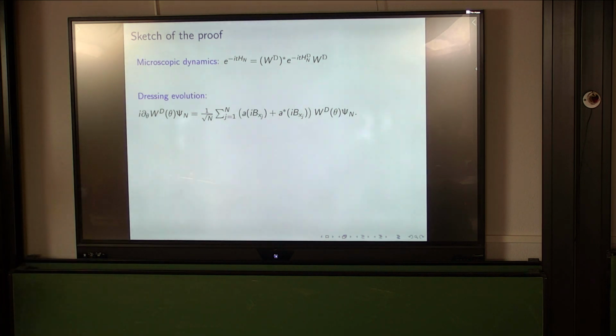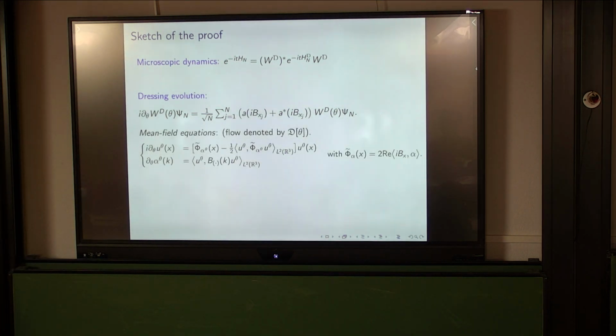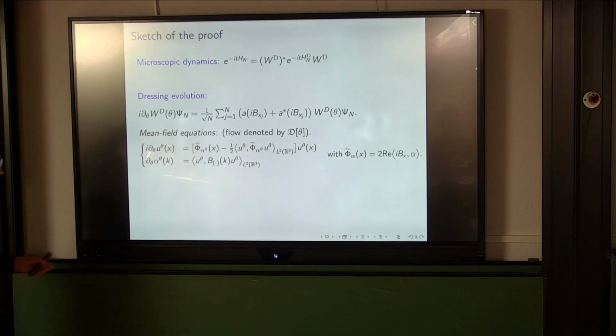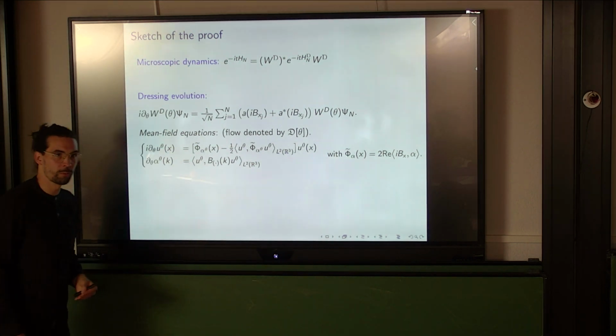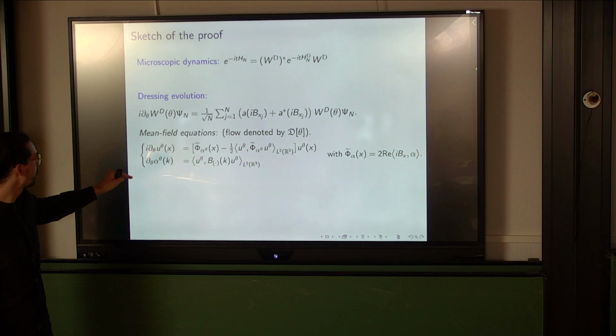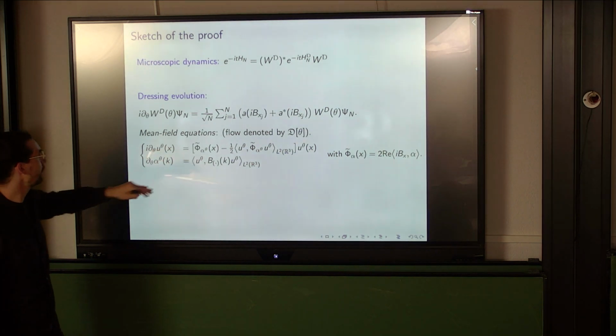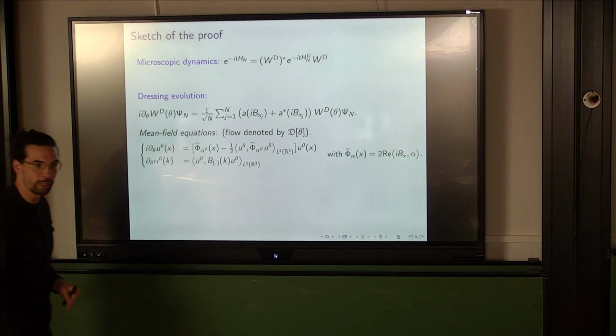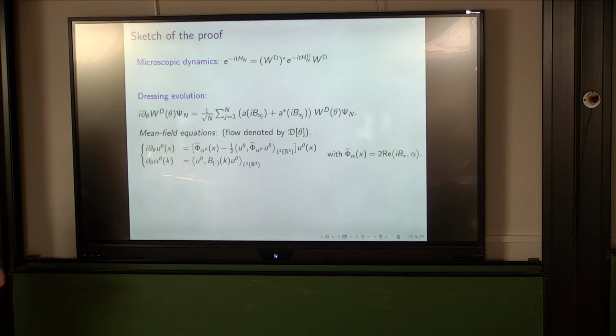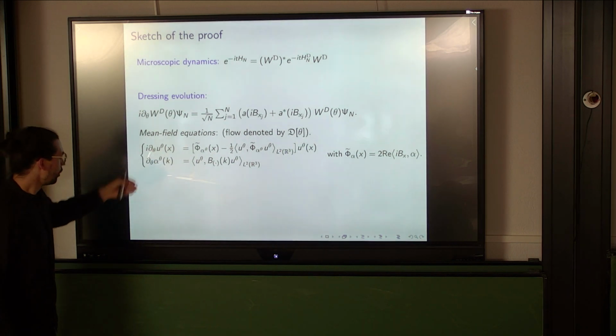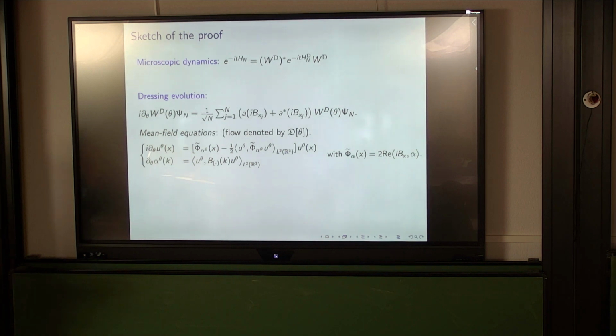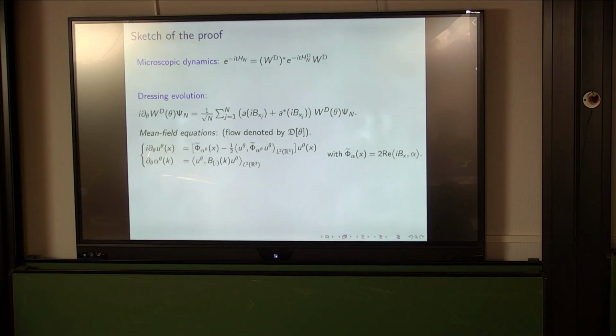So then we will use that one can also look at the mean field equations of this evolution, and the flow of these mean field equations will later be denoted by d theta. And the mean field equations also look like the Schrödinger-Klein-Gordon equations without kinetic energy and without field energy.